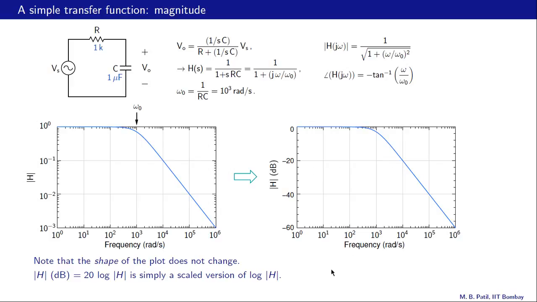So therefore the shapes are the same. What has changed is only this axis here. This is a very important point, and in practice we might see plots of this kind or of this kind, and we should immediately recognize that they are in fact identical.